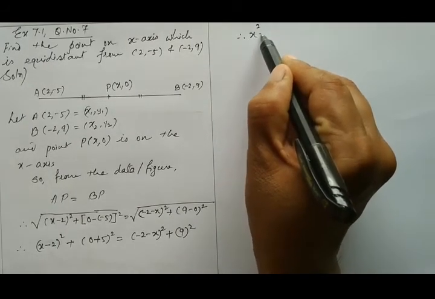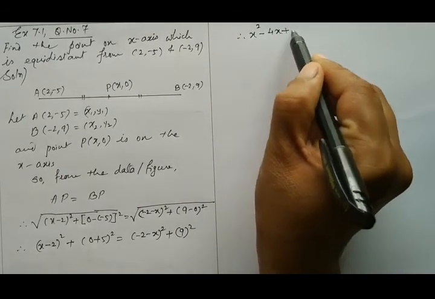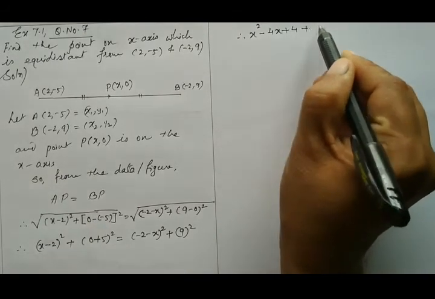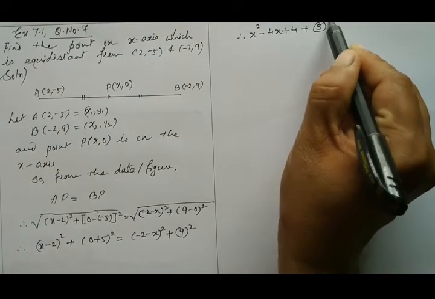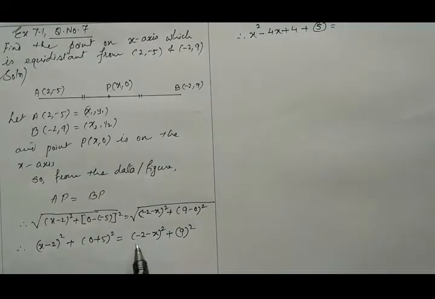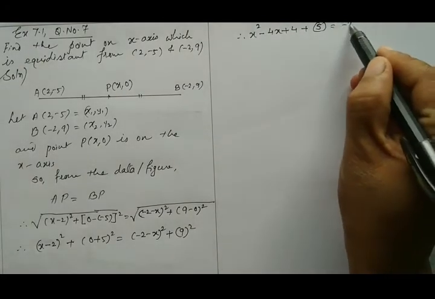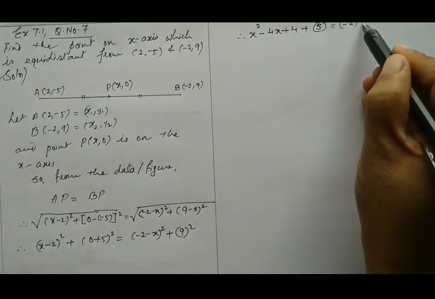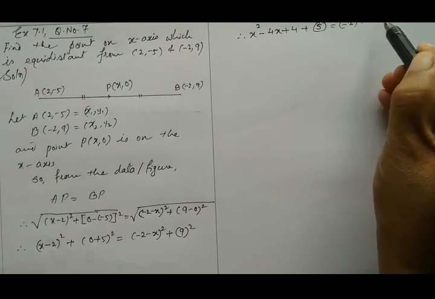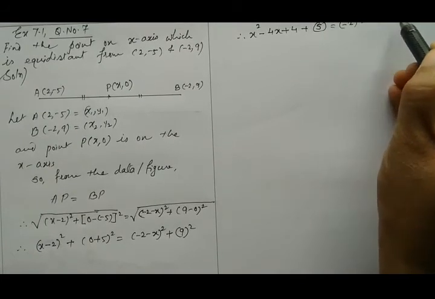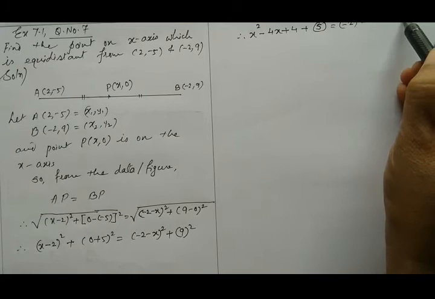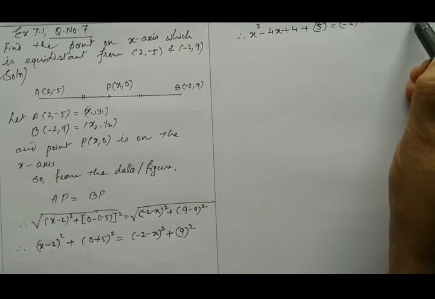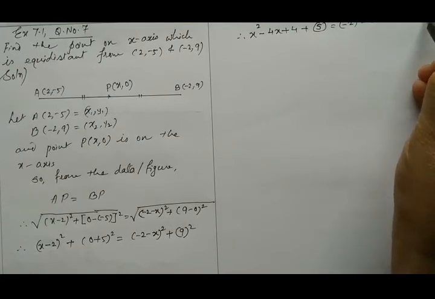So x square minus 4x plus 4 plus 5 square is equal to, now square of this, so minus 2 square, so this will become minus 2 into minus 2 into x, plus x square plus 9 square.